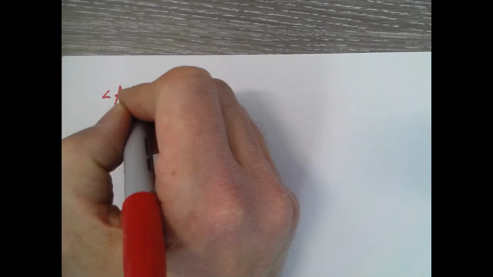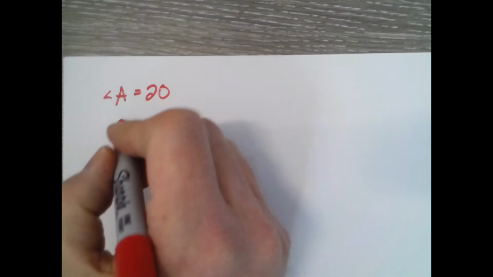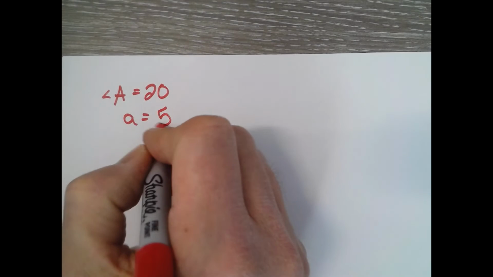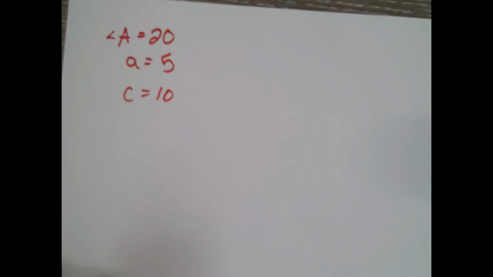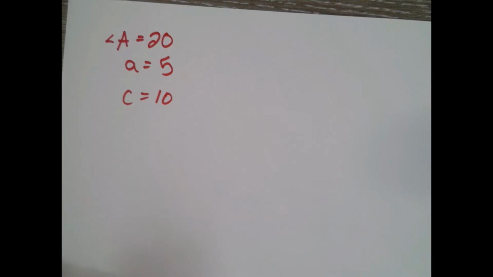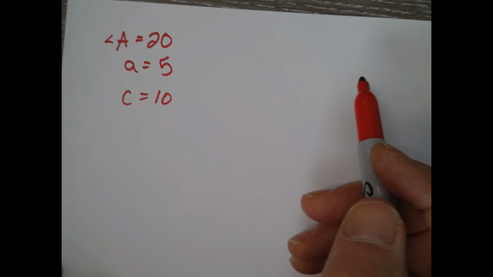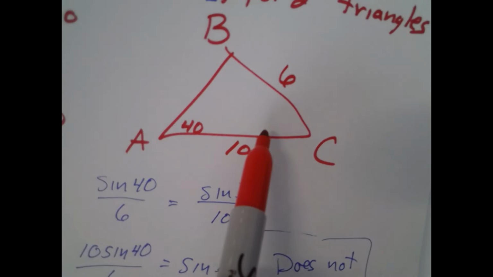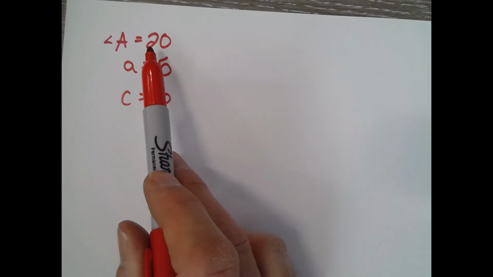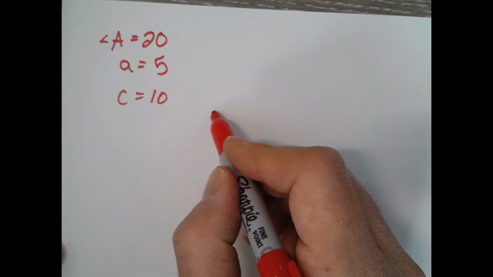We'll do another one. Let's say I've got angle A equals 20. Let's say A is 5 and C is 10. See how far you can get with that one. I'm going to draw a little sketch. Normally I just draw any triangle, any shape, but I'm going to intentionally make this angle A a pretty acute angle.